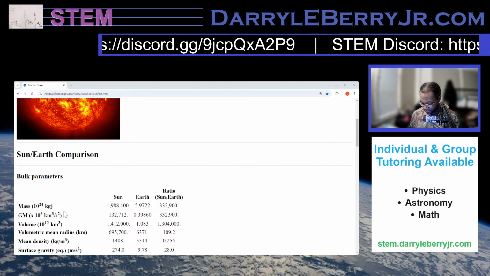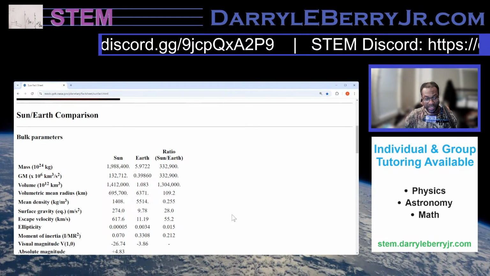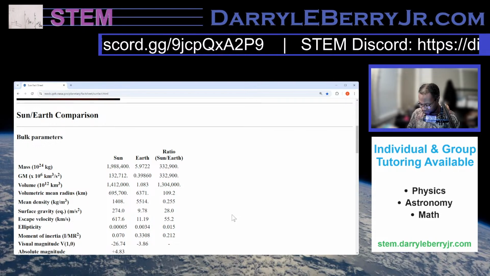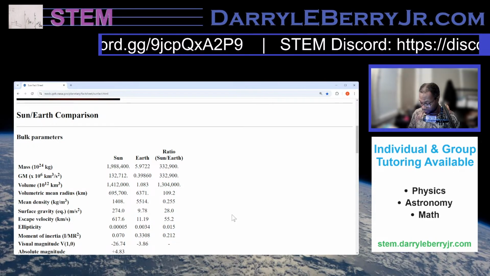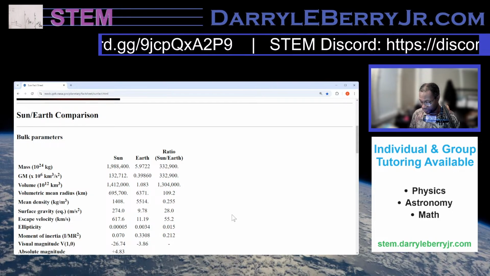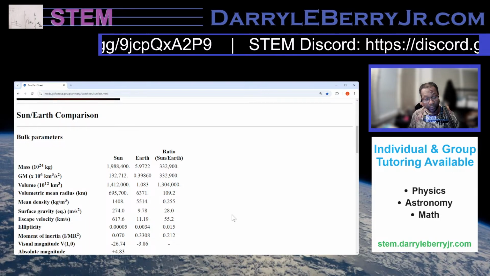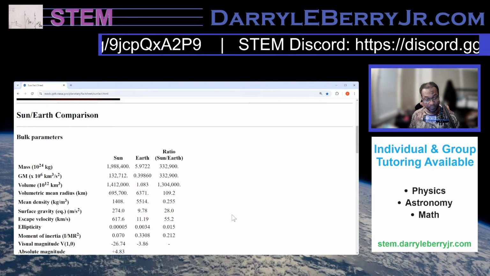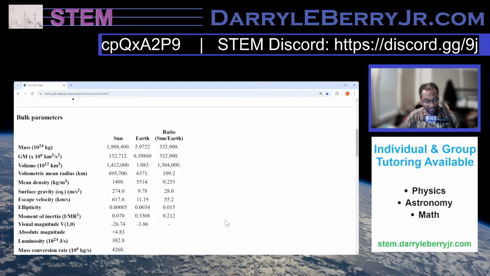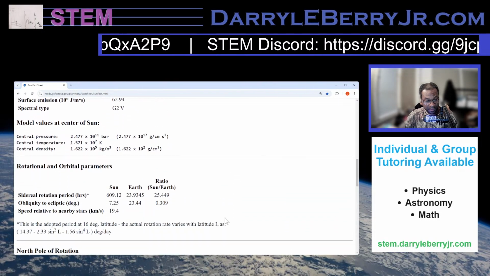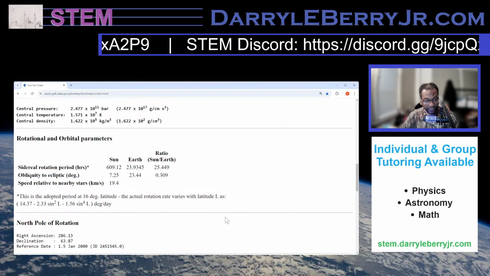We have that. From our sun fact sheet, we have that the mass of the sun is 1,988,400 times 10 to the 24 kilograms. And we have the radius of the sun, which I've calculated before, but I'll use the official value.